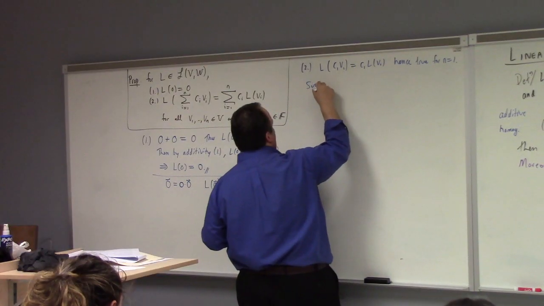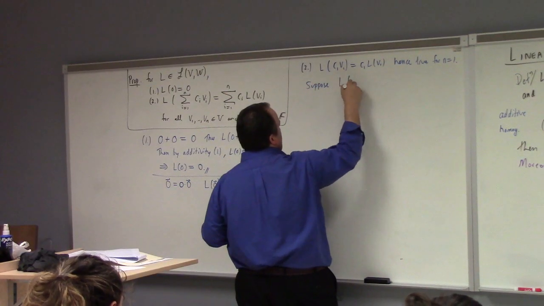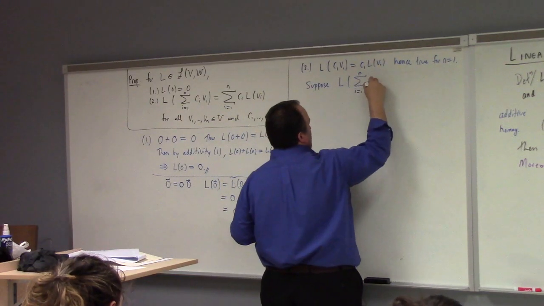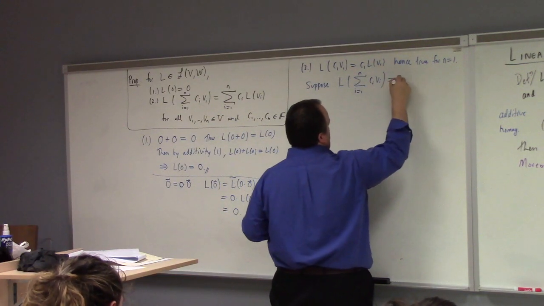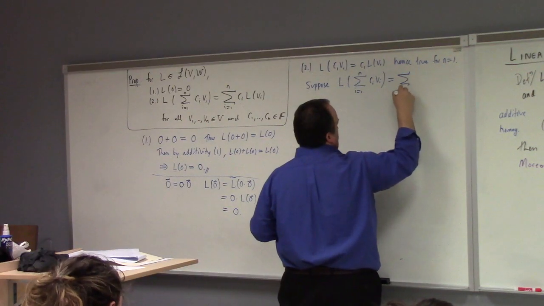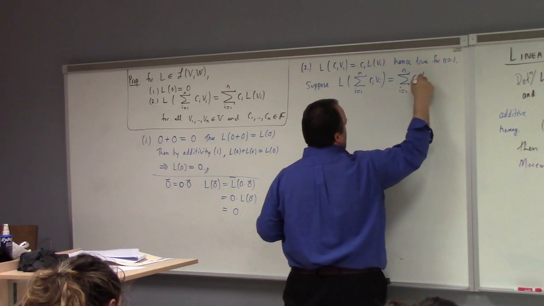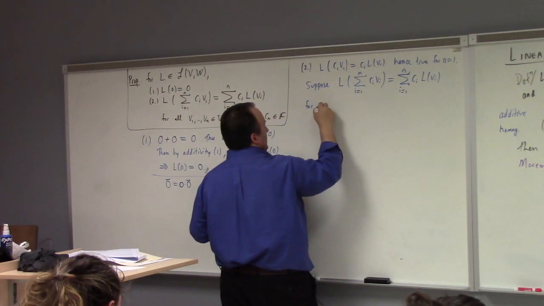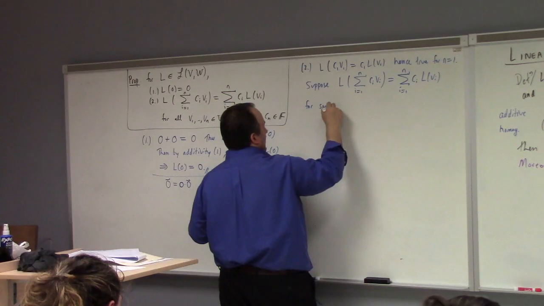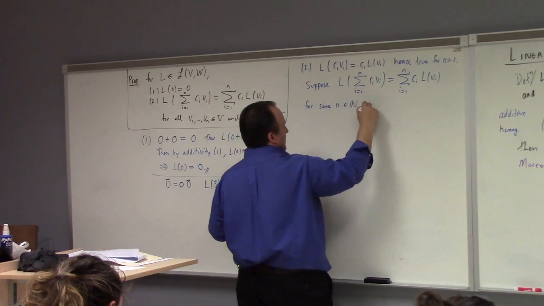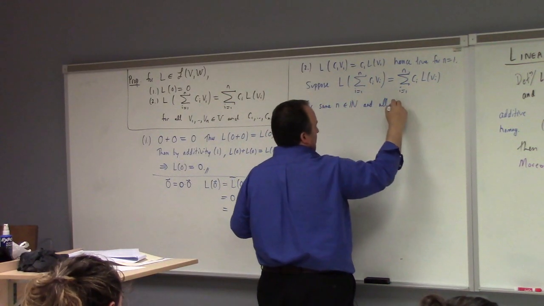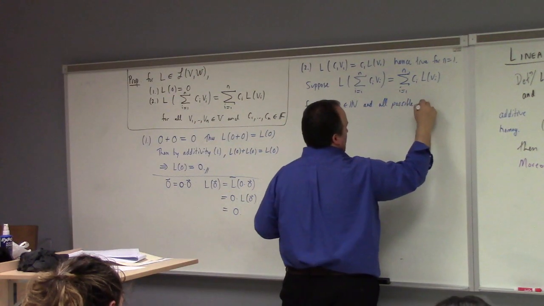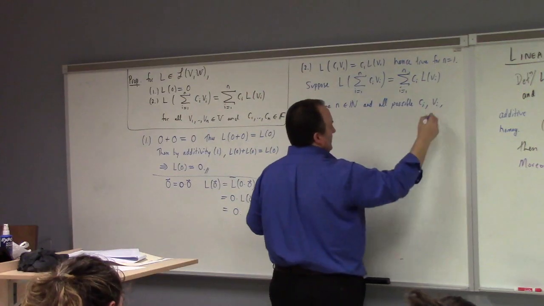Suppose that L of the sum i equals 1 to n of Ci Vi is equal to the sum i equals 1 to n of Ci L of Vi for some n in the natural numbers and all possible Ci and Vi, all right?